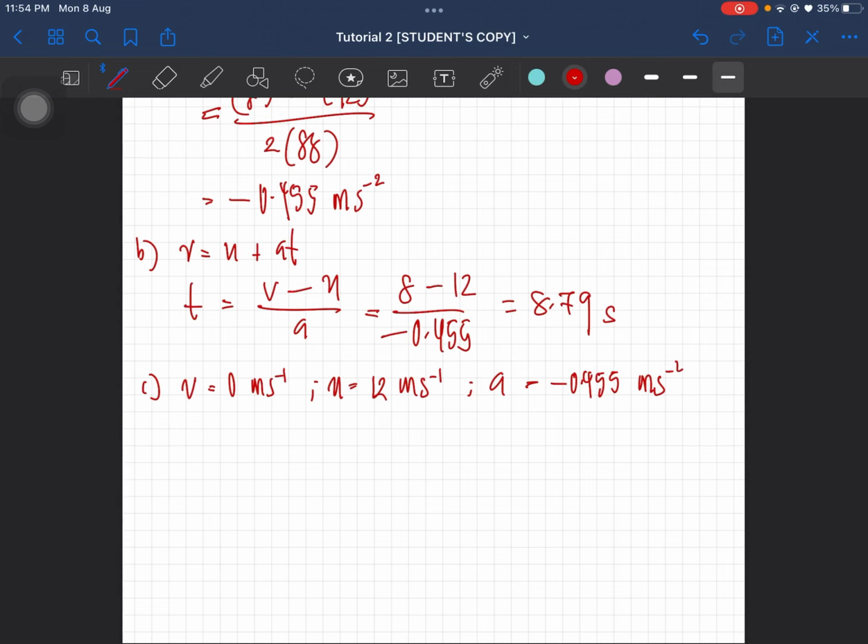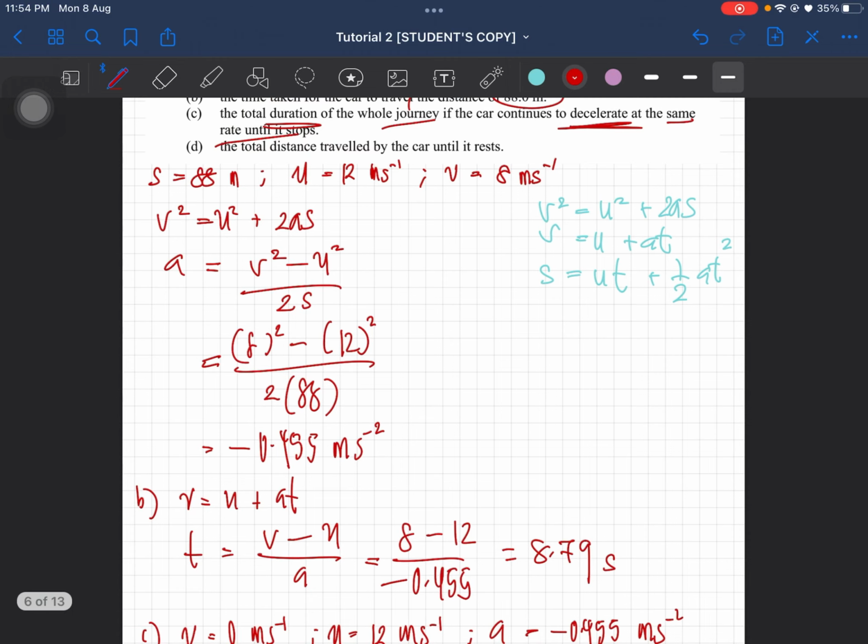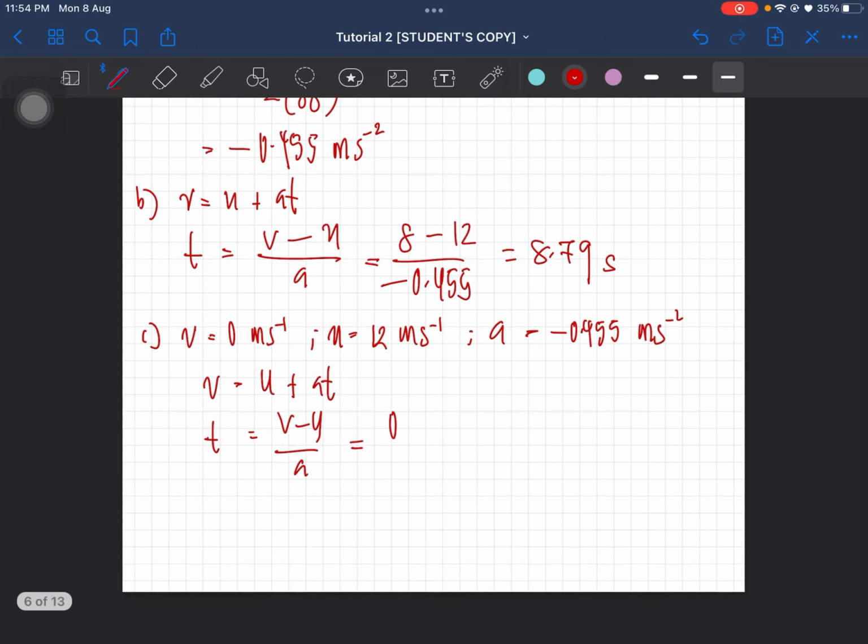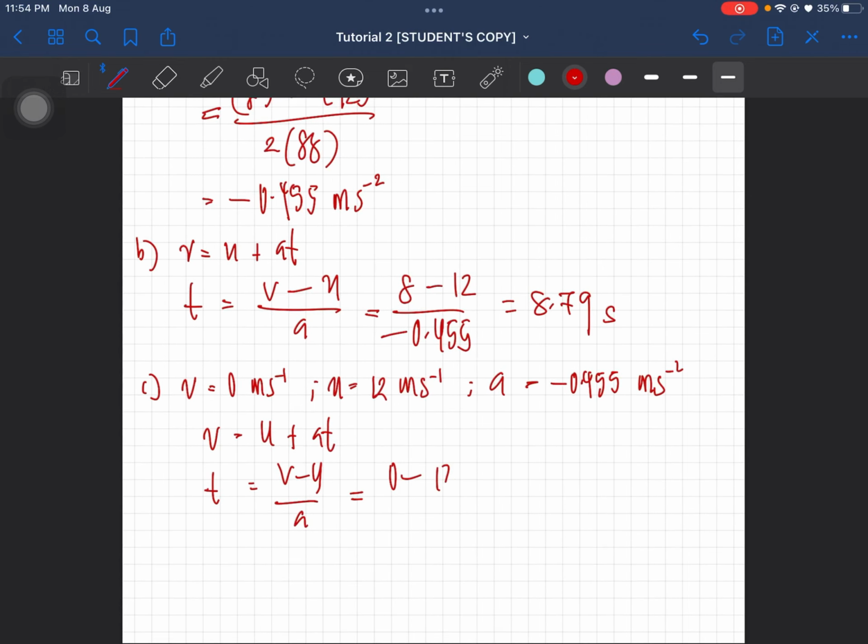So from here we can use v equals u plus at again, because we are looking for the time until it completes the whole journey, until it goes to a stop. So minus 12 divided by the acceleration. So this is equal to 26.4 seconds. Okay, let me just redo that. Alright, so that is question C.